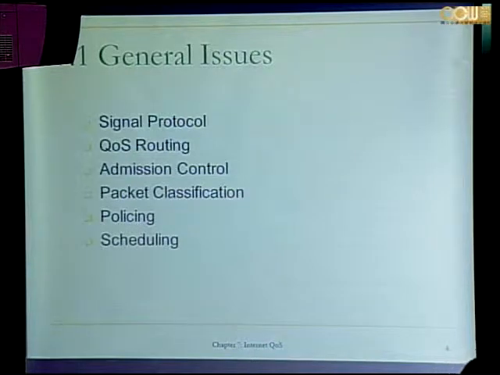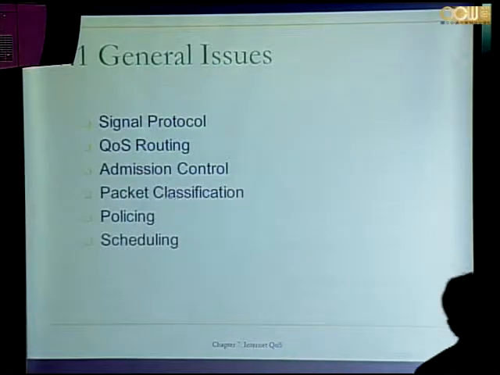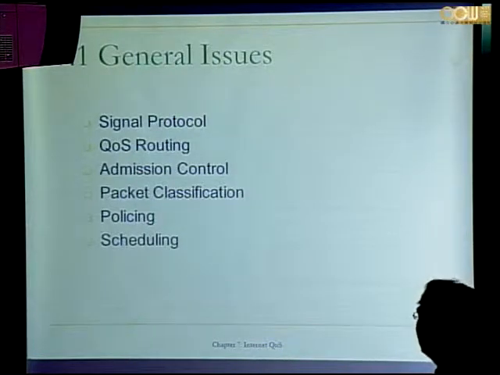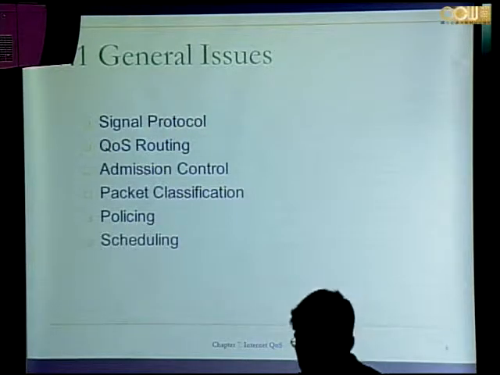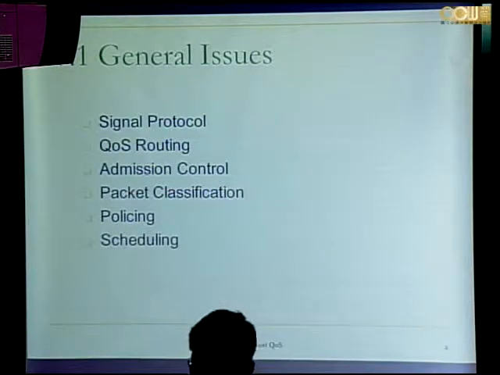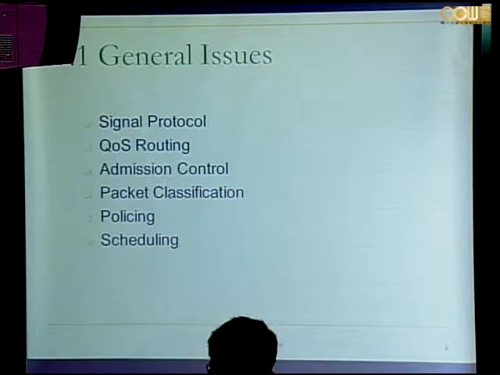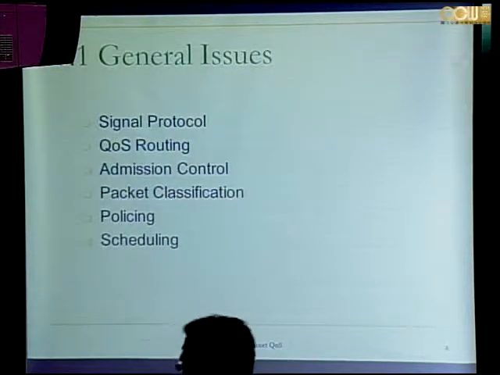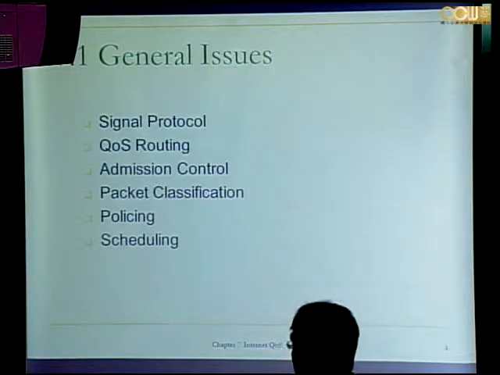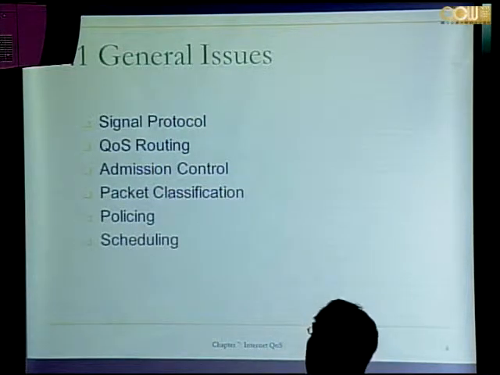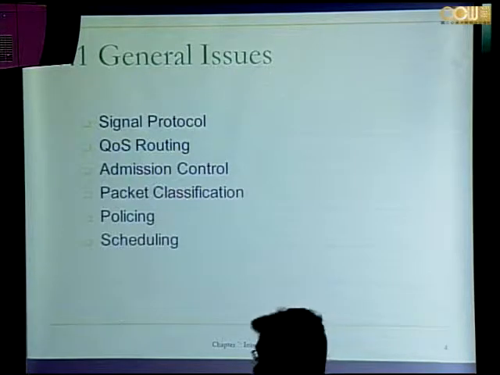So it's the traffic source telling the network, by a signaling protocol. So you need a signaling protocol for the traffic source to tell the network about its traffic and performance requirement.